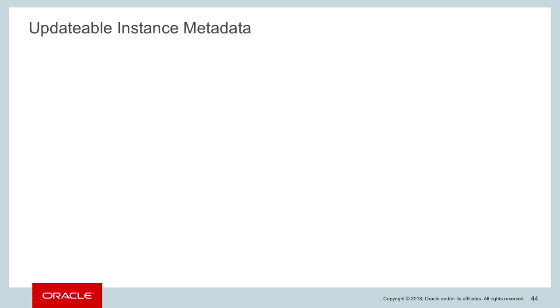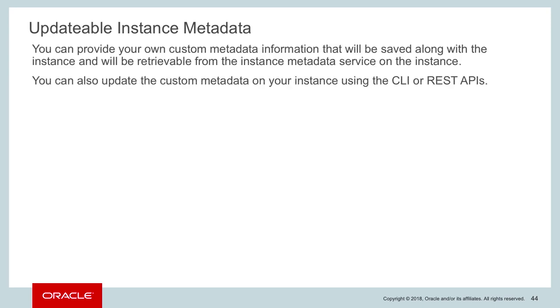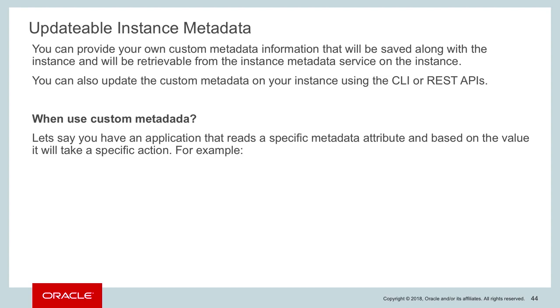You can also create custom metadata and use it in your scripts as well. You can provide specific keys and values to your metadata. Let's say you have an application that reads a specific metadata attribute, and based on that value, you take some action.